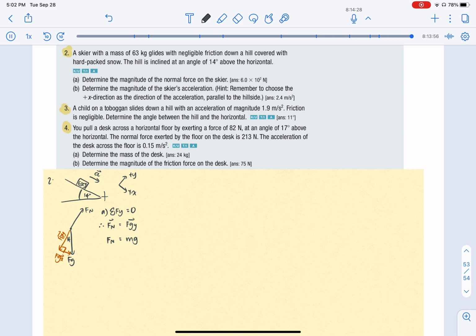Then for those who are struggling, we had the 1,000 newtons, that's friction. So you have FA minus 1,000 newtons minus mg sine of the angle equals MA.